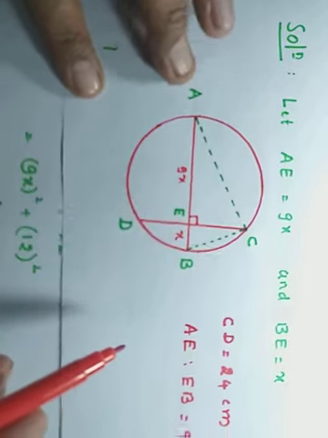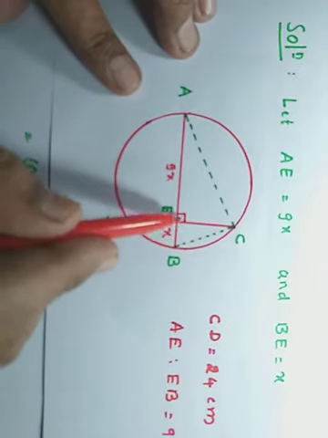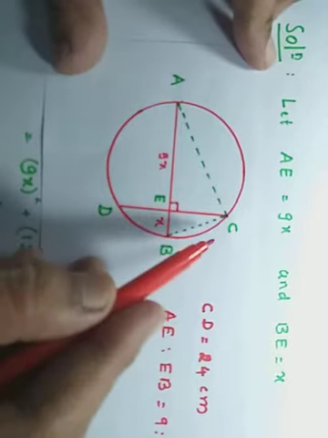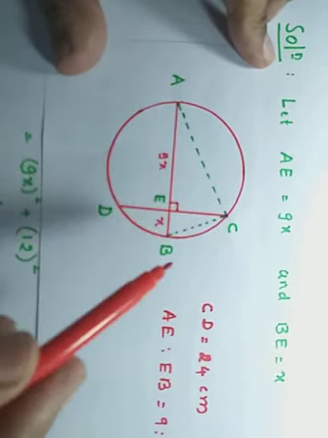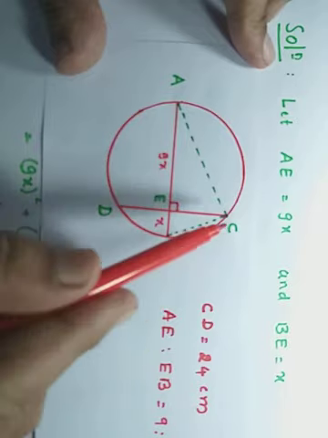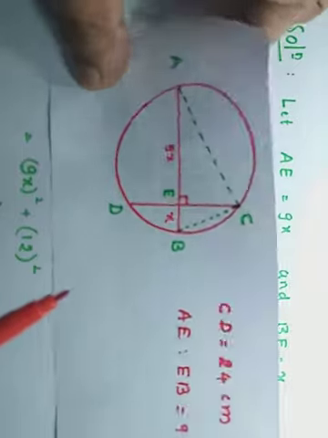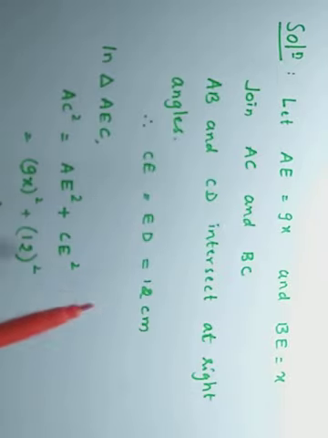The right angle is given itself, and since it intersects at right angles, the chord becomes two parts. Therefore, CE is equal to 12 centimeter and ED is equal to 12 centimeter.